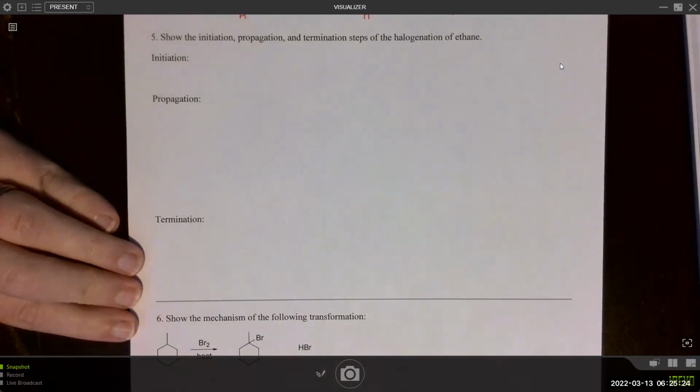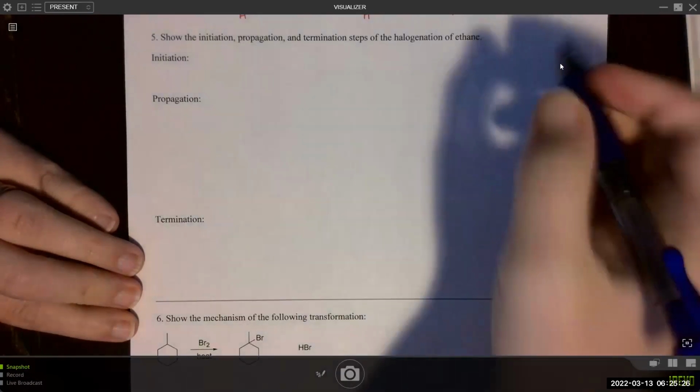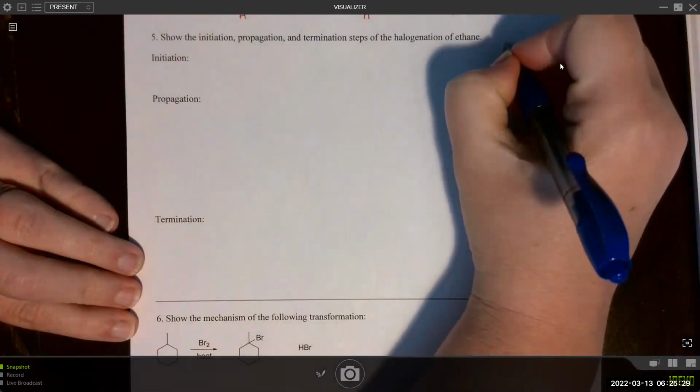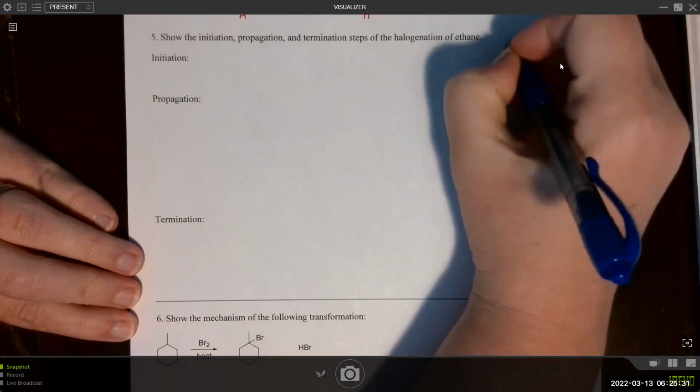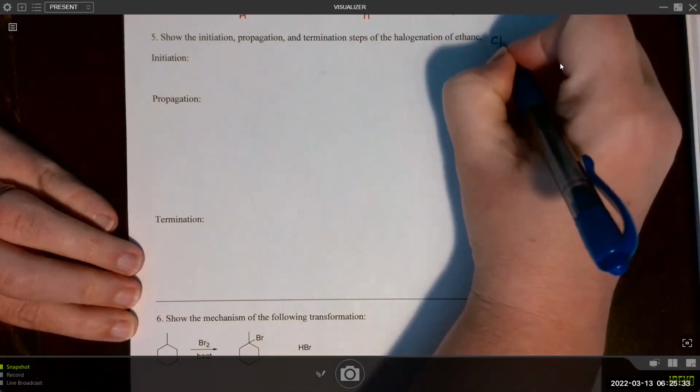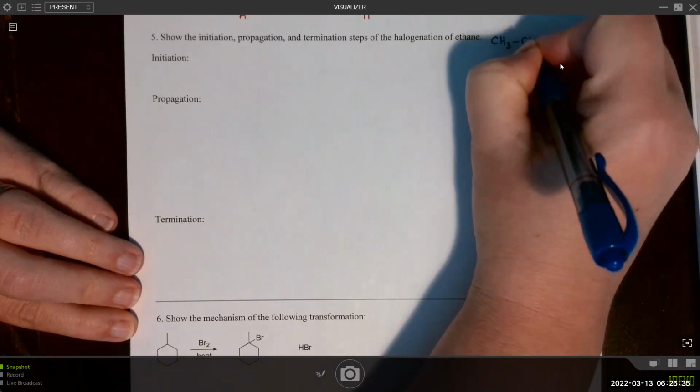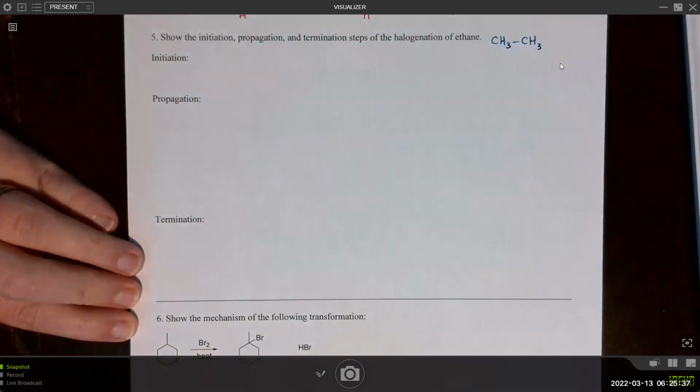Okay, so ethane, right, is just going to be CH3, CH3. Make sure you know what ethane is.